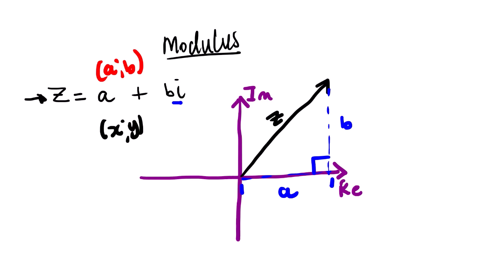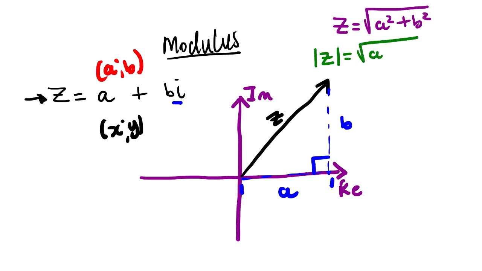Now how do you find the modulus of this complex number? We have many ways to indicate or denote the modulus of a complex number. This is the equation that we are going to use. Yes, it is familiar, it is the theorem of Pythagoras.